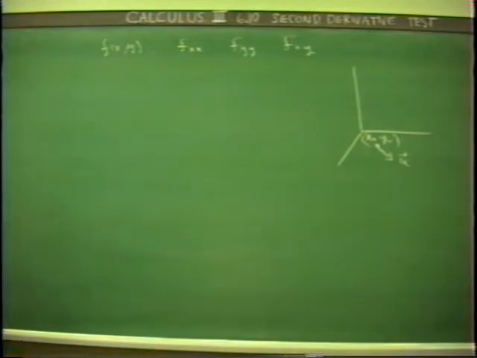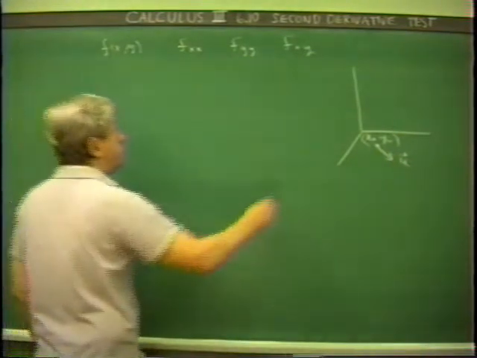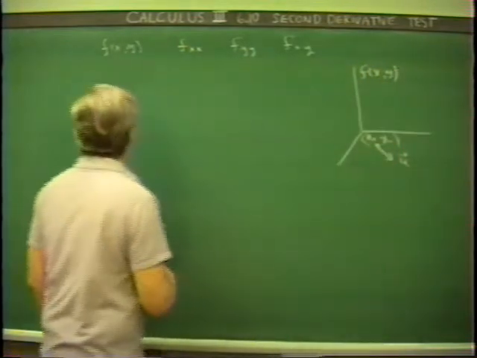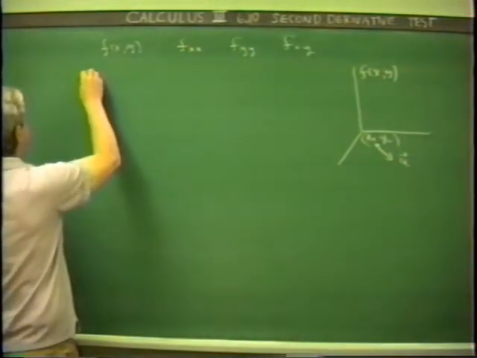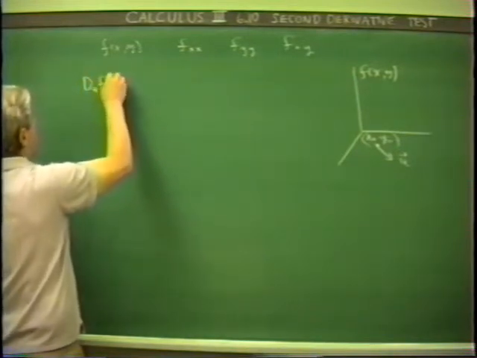x naught, y naught, and a unit vector u, and let's look at the directional derivative of f of x and y in the direction u.